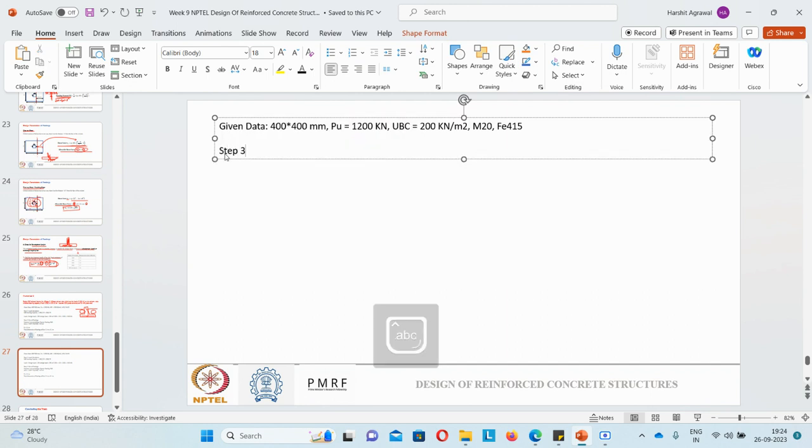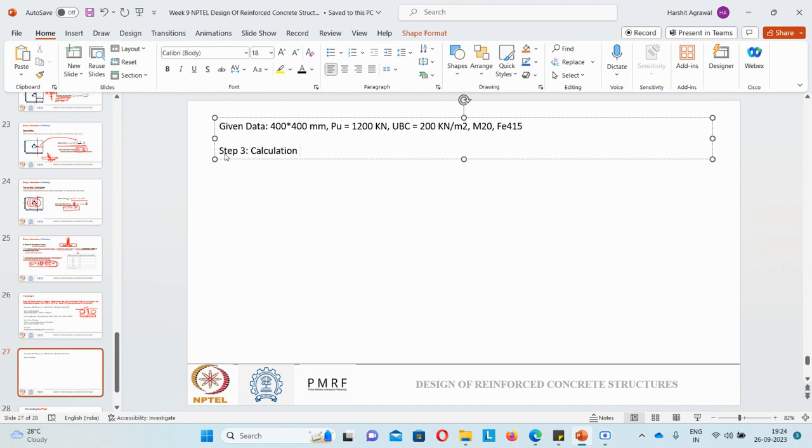So step 3 is, Sir, if it is characteristic load, then there is no need to multiply with 1.5 when you are calculating the dimension. Then we don't need to multiply the factor of safety. But when you are calculating the net upward pressure, then you need to take the factor of safety into account. Okay, so this is as per IS 456.